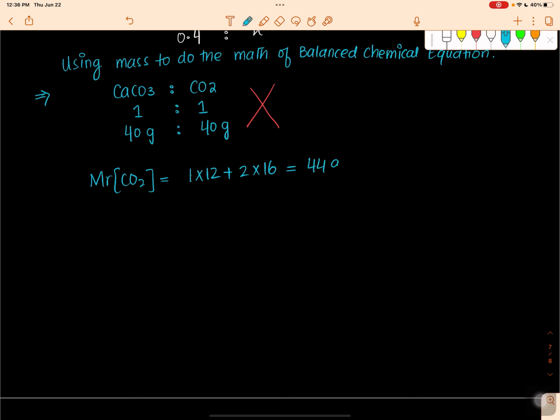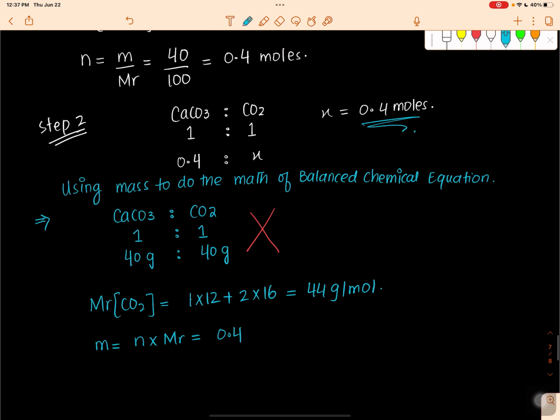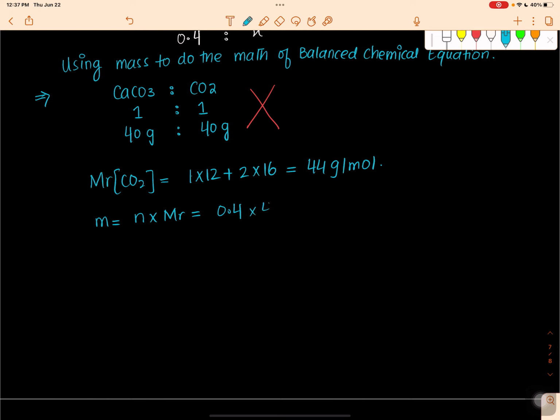We get 44 grams per mole. So mass is equivalent to number of moles times the MR. Number of moles is 0.4 that we have calculated, times 44. Let's work it out on the calculator. 0.4 cross 44 comes out to be 17.6 grams.